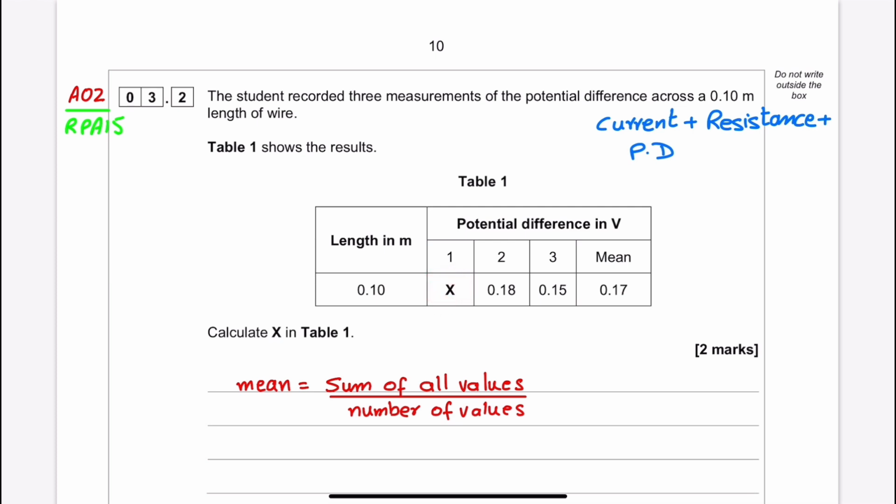We will use the formula for the mean. Mean is the sum of all the values over the total number of values. We know from the table that the mean is 0.17 volt, and the sum of all the values is x plus 0.18 plus 0.15. Our total number of values is 3.